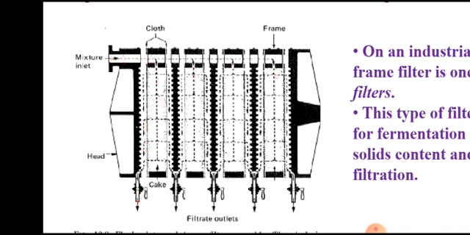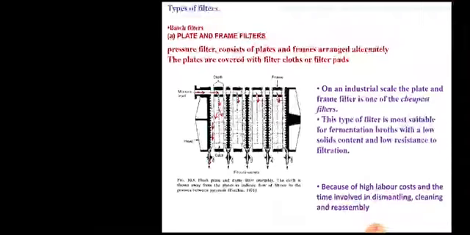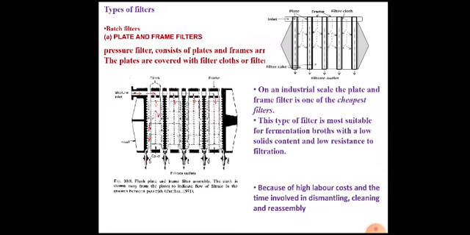So the filter cake will develop between the two plates. That means the filter cake will develop within the frame, and the filtrate will leave the frame. It will pass through this cloth and enter into the plate, where there is a channel. From this channel the filtrate is collected from the filtrate outlets. This is how this plate frame filter works.